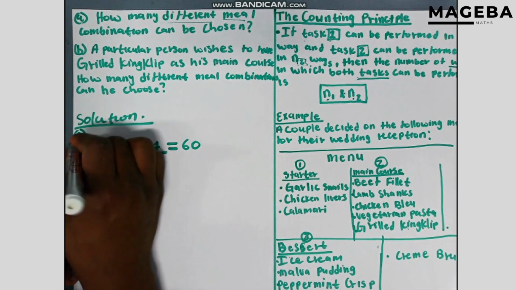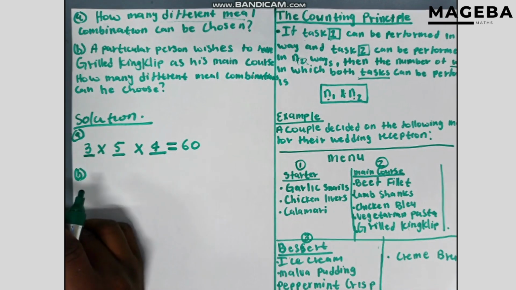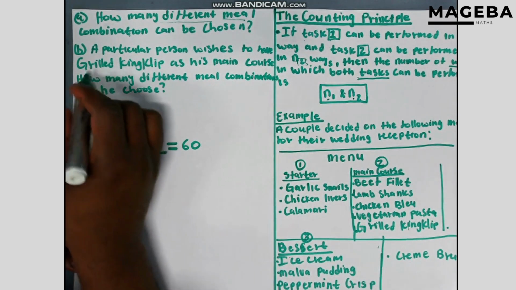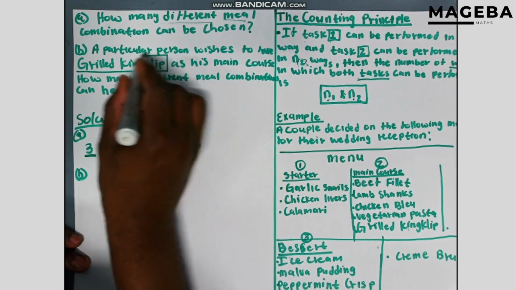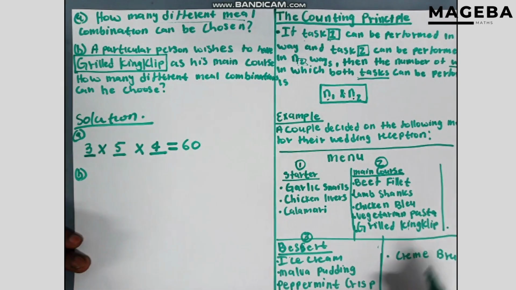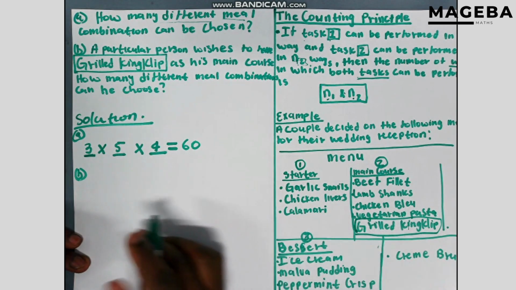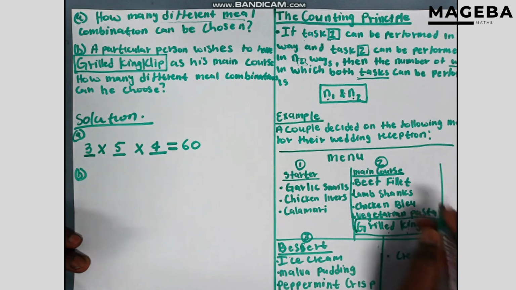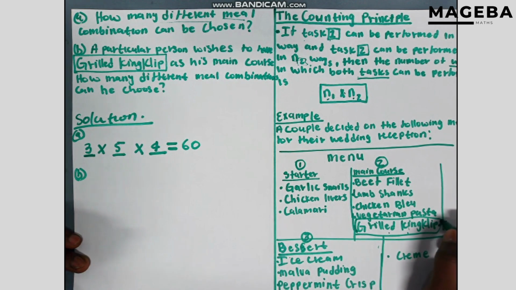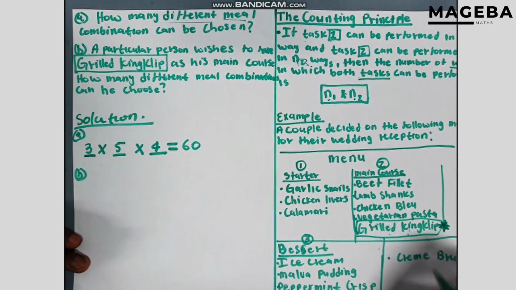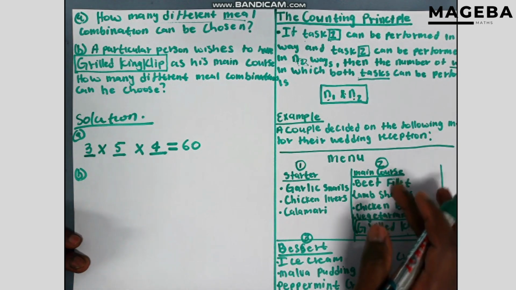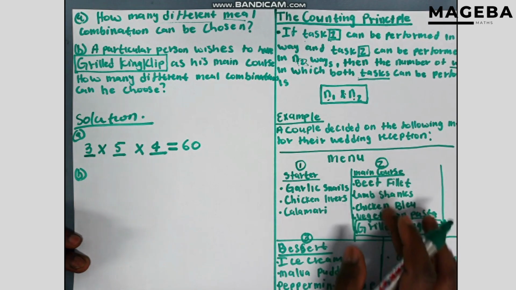This was number 1, which is A. For B, they say a particular person wants to have the grilled kingklip. On the main course he is sure he is going to choose this one, so the other menu items are not his choices.